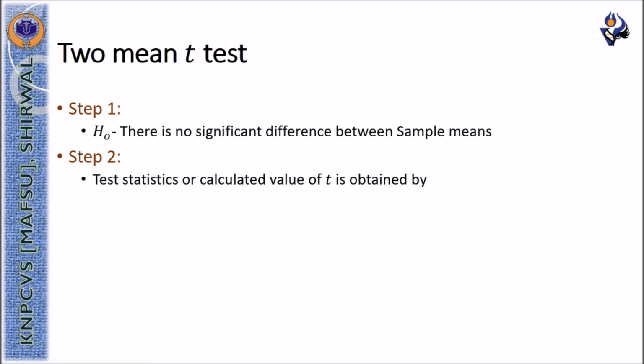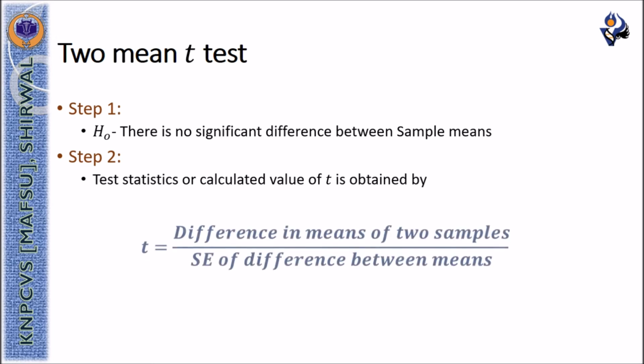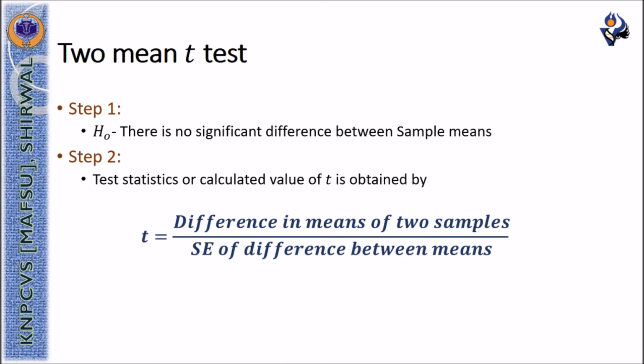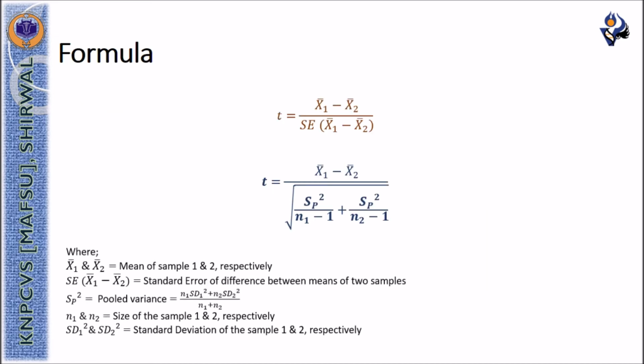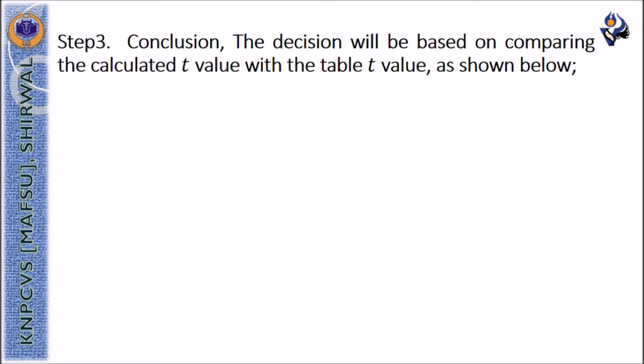The test statistic is obtained with the formula: differences in the means of two samples divided by standard error of the differences between the means. x1 bar minus x2 bar divided by under root sp square divided by n1 minus 1 plus sp square divided by n2 minus 1.